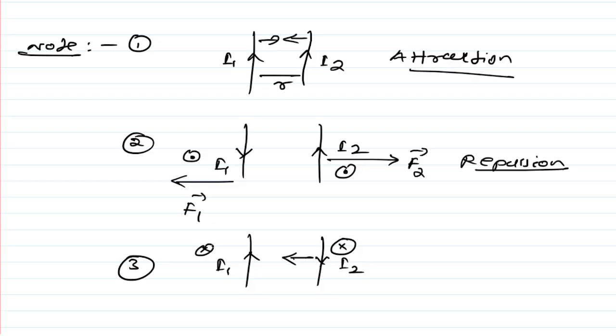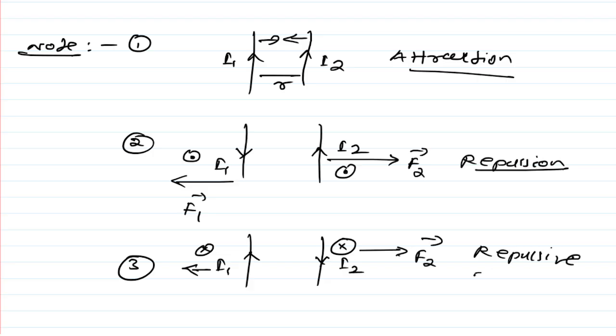So I l cross B. So the force will be acting in this direction. Okay. So here both the forces are acting in the, this one we can verify it. What is the direction? I l cross B. So it will be perpendicular to the plane and it will be in opposite direction. Okay. This one was wrong. So this will be the direction of force. So here these two forces are again repulsive in nature.